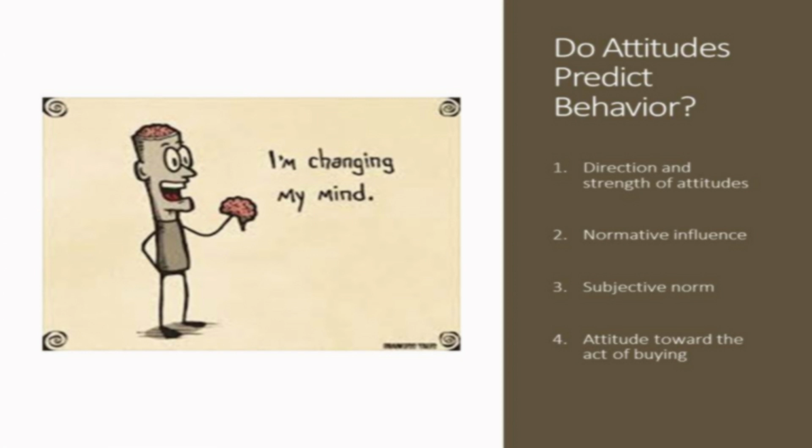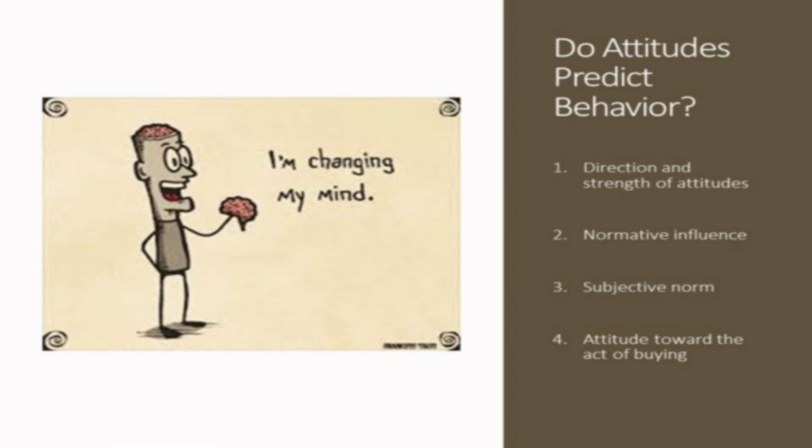Let's keep going. But do attitudes predict behavior? I posited this in the beginning. The direction and strength of attitudes is important to understand first and foremost. It depends how strong the attitude is to begin with. We also may have normative influence, external influences that are at stake here. And we also have subjective norm: what we believe to be normal, average, and acceptable.